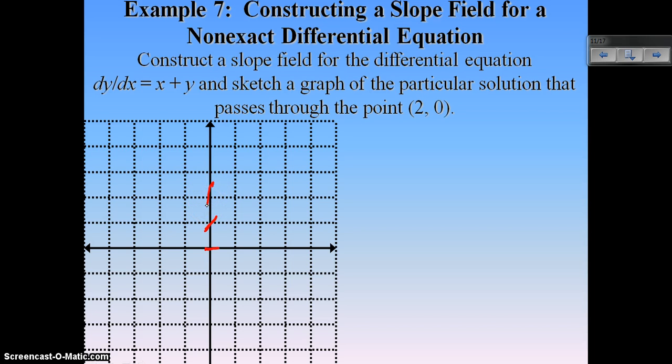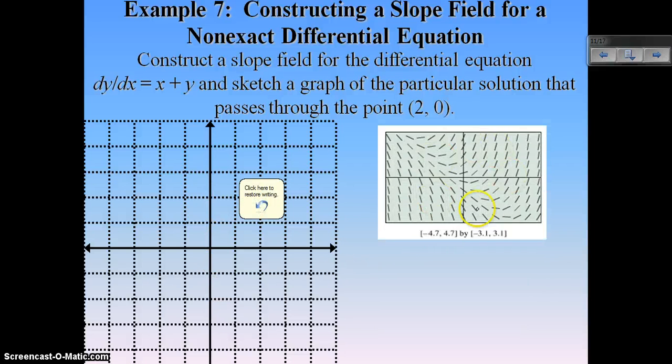This one would have a slope of 2, so I'd make it a little thicker, so obviously I'm not doing a good job drawing. Down here would have a slope of negative 1, and of negative 2, and so on. This point right here, which is 2, 2, would have a slope of 4, almost straight up and down. And we would just keep doing that and making our sketches, and in the end, let me erase that. In the end, we end up with a graph that looks like this.